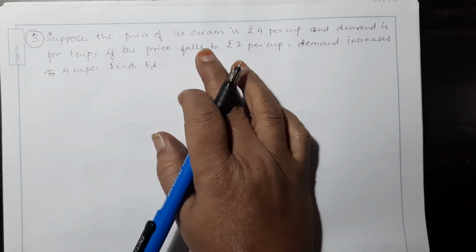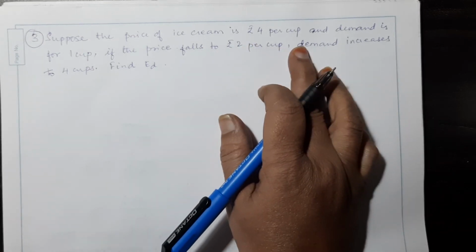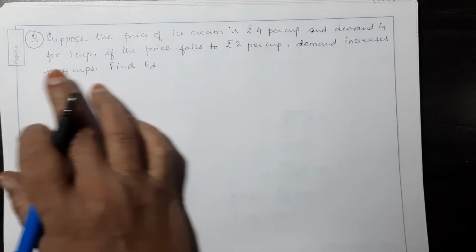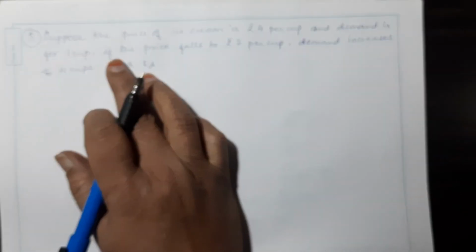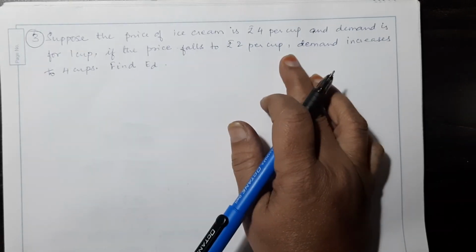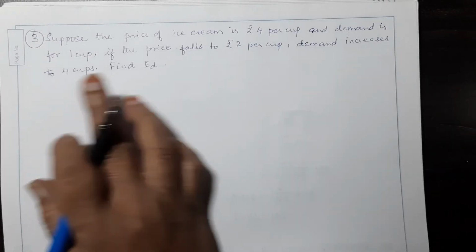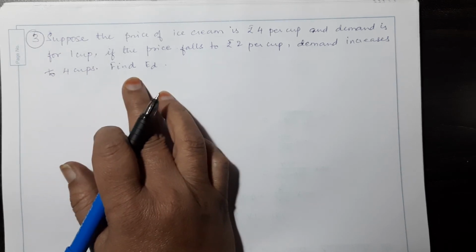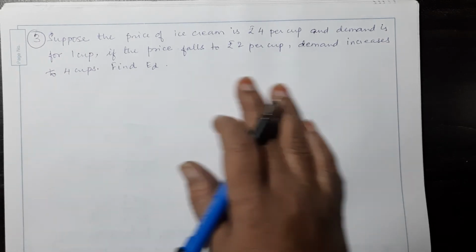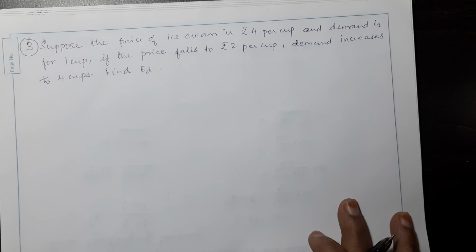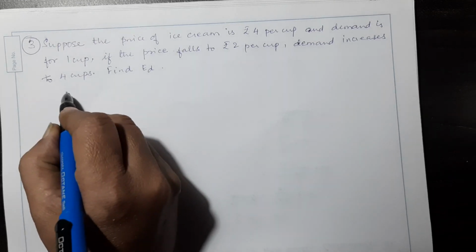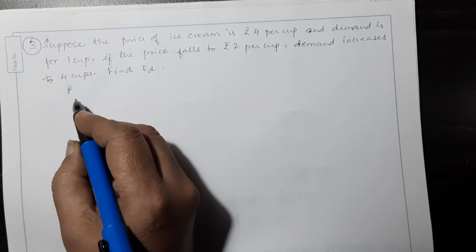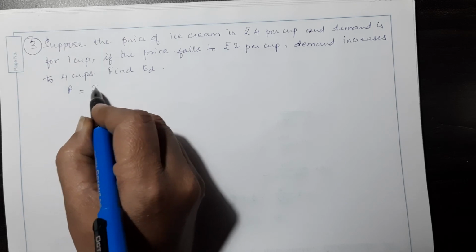Here we shall solve one more problem before we close. Suppose the price of ice cream is rupees 4 per cup and demand is for 1 cup. If the price falls to rupees 2 per cup, demand increases to 4 cups. Then find ED. Here let's first write down what we are given. We are given price of the ice cream cup, P, which is equal to rupees 4.